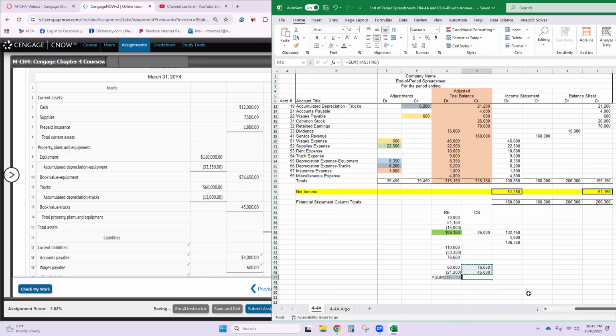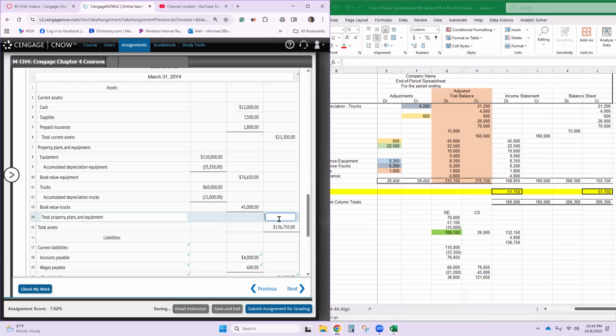We want the total there. That is 121,650.